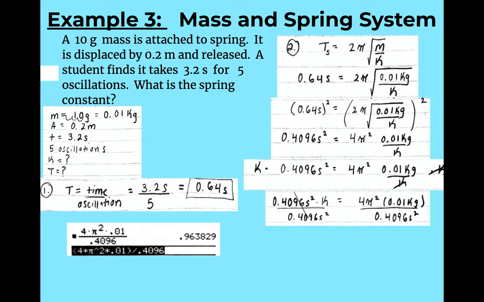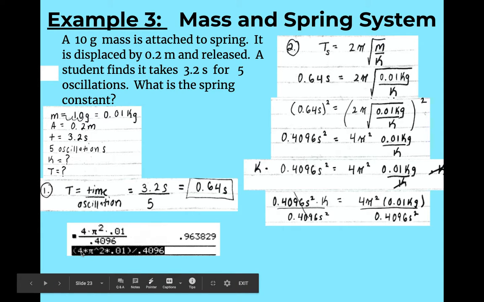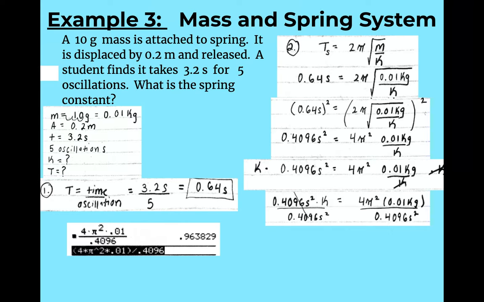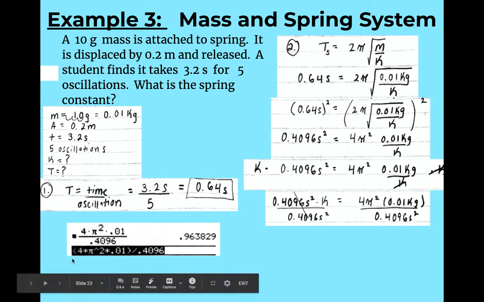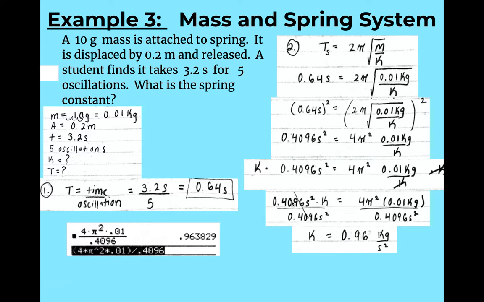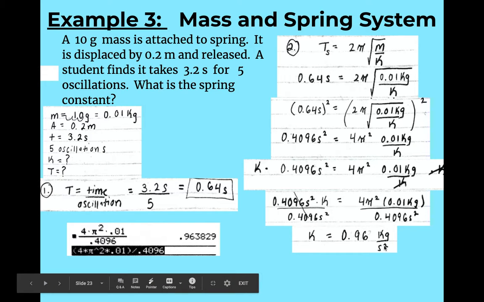You must type it in this way because your calculator does not know order of operations, so you must tell it what to do first. You're telling your calculator to multiply the numerator first, take the product and divide by 0.4096. So please type it in your calculator as shown below. You should get 0.96. Our units are kilograms per second squared.